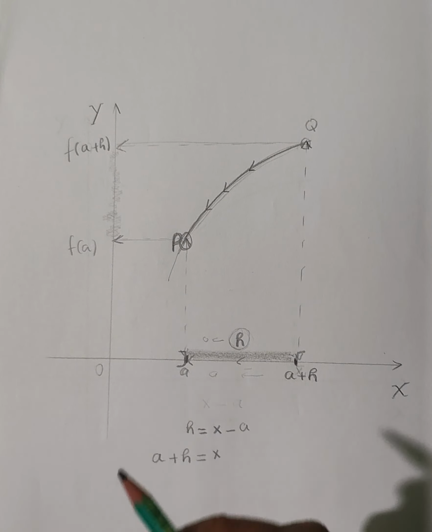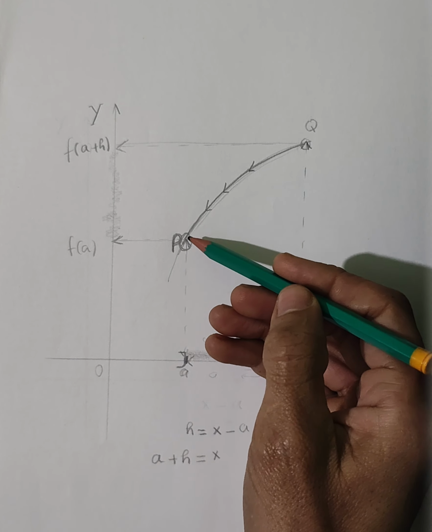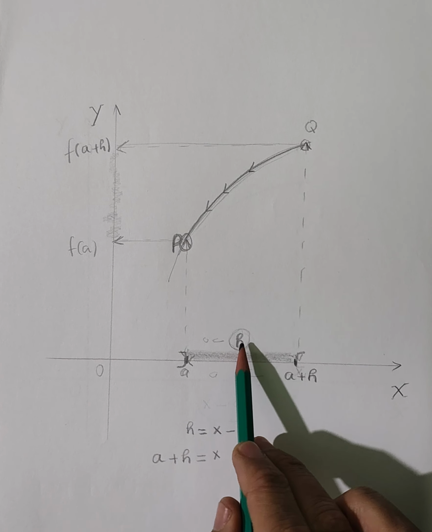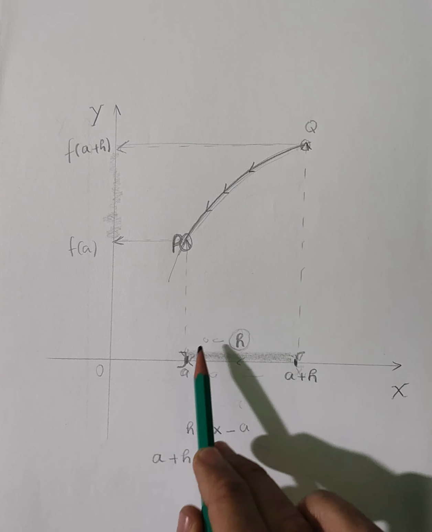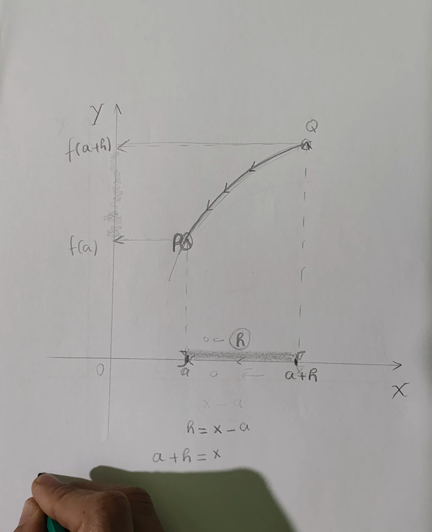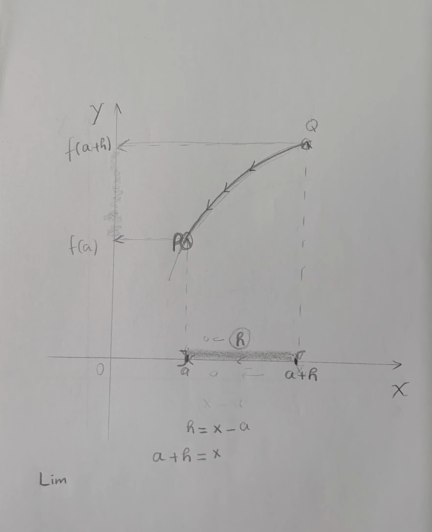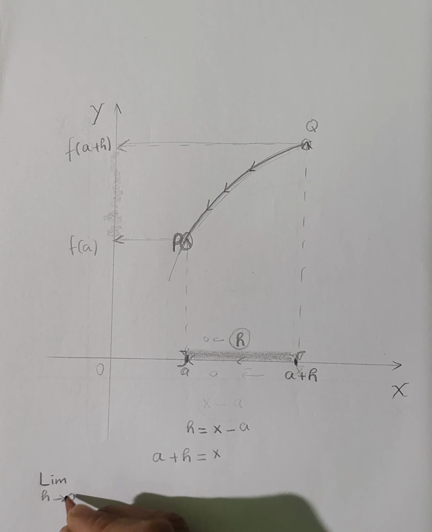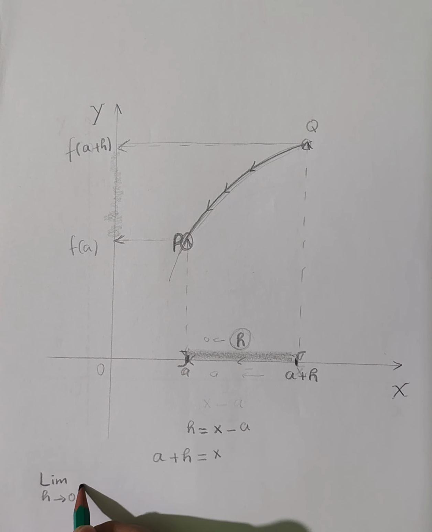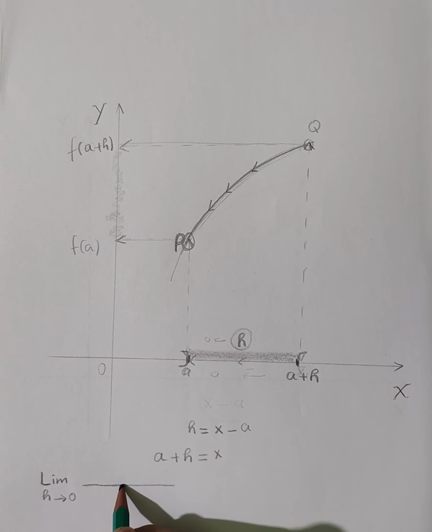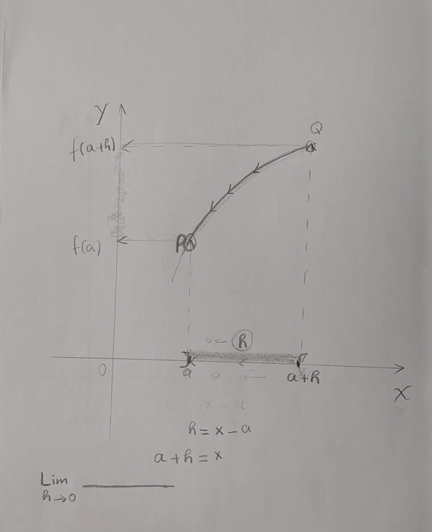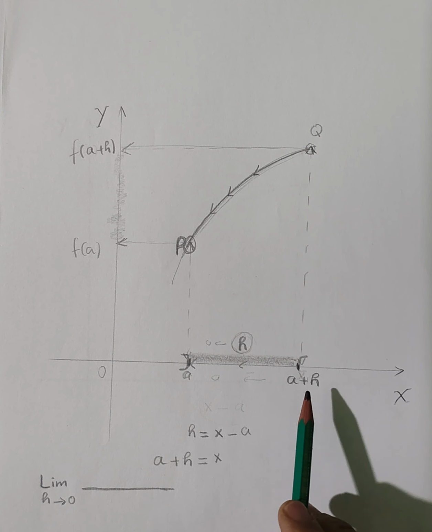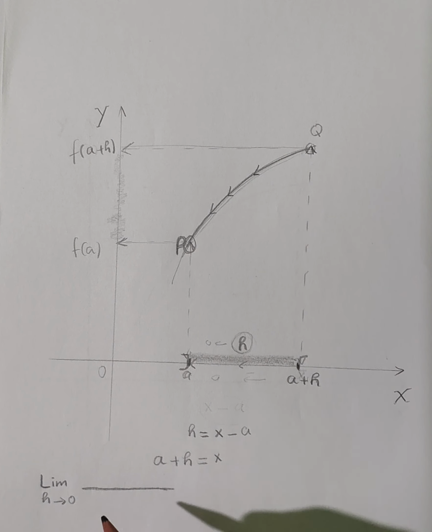So we have to find the limit when h tends towards 0, to find the limit when h tends toward 0, we have the relation of growth rate when a plus h tends towards a.